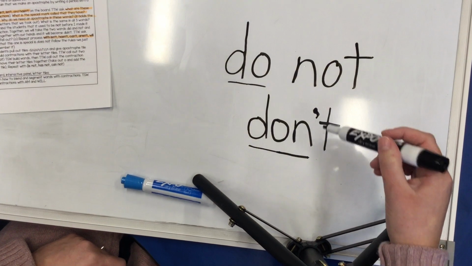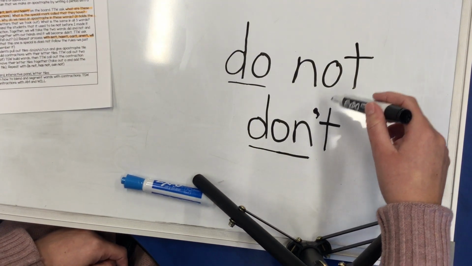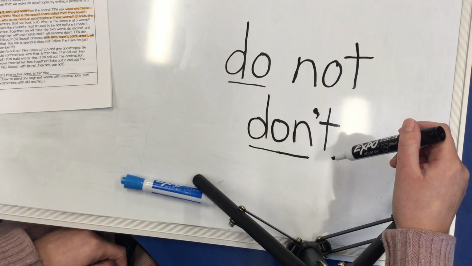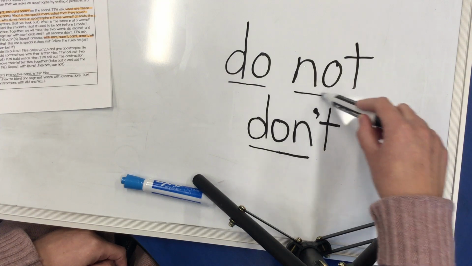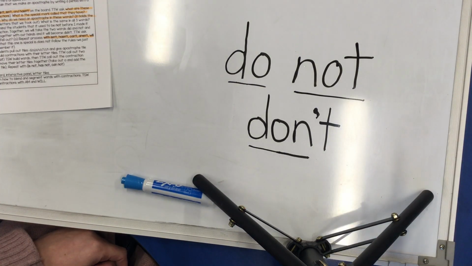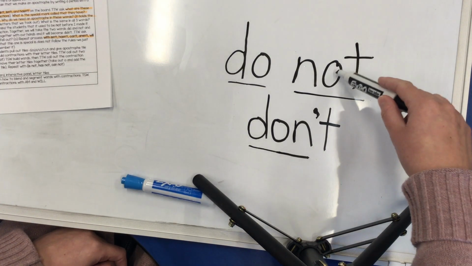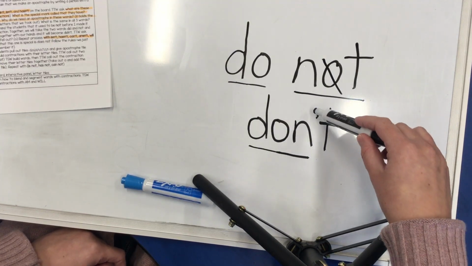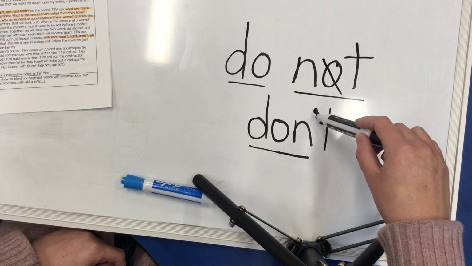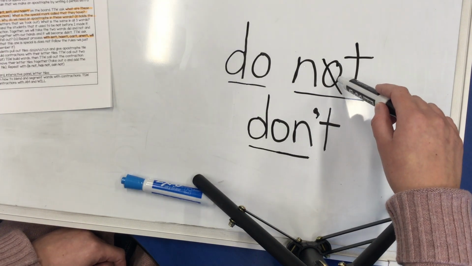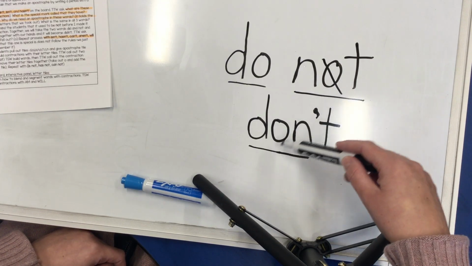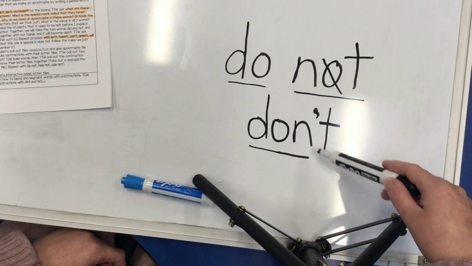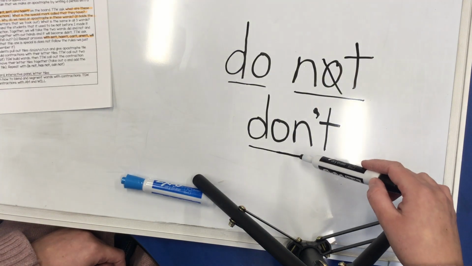An apostrophe we use right here to take the place of the letter that fell out in the word not. What letter fell out in the word not? The O did. So we cross that out. He's not there anymore, and we replace him with our apostrophe right here. So we don't need the O anymore. He fell out. So now it's don't. Do not becomes don't.